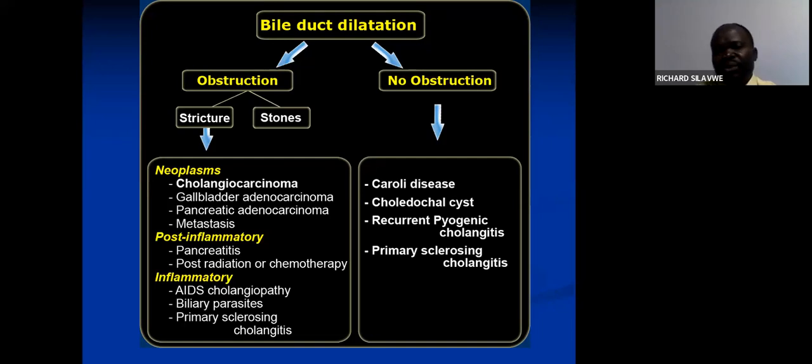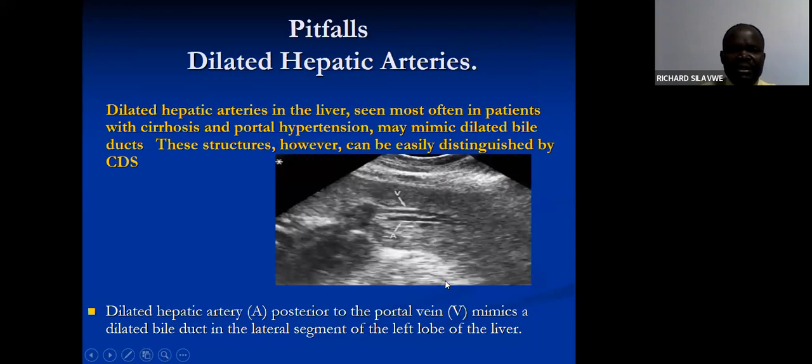Then on the non-obstruction side, the duct is dilated but there is no obstruction. These are the conditions which can cause dilatation without obstruction: Caroli disease, choledochal cyst, recurrent pyogenic cholangitis, primary sclerosing cholangitis. I'll talk about this in the next slide.